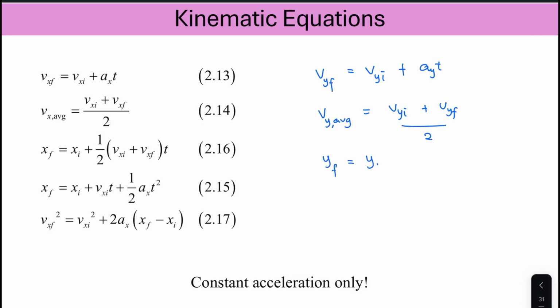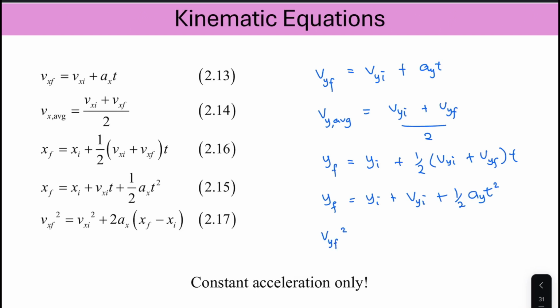And for position, y final equals y initial plus half of Vy initial plus Vy final, times t. And then another form for position, equal to y initial plus Vy initial t plus half ay t squared.